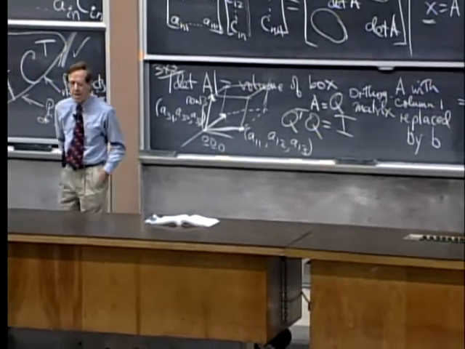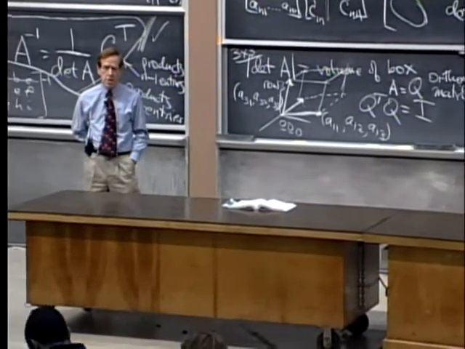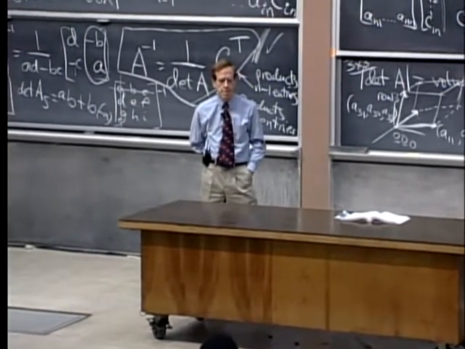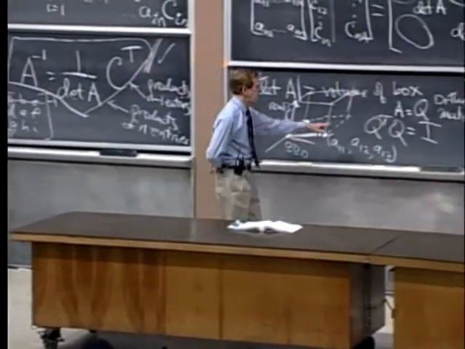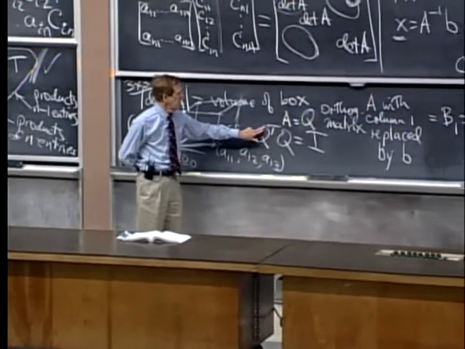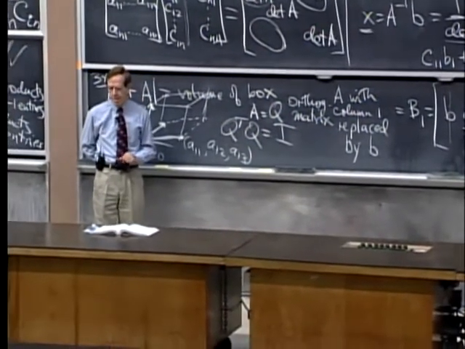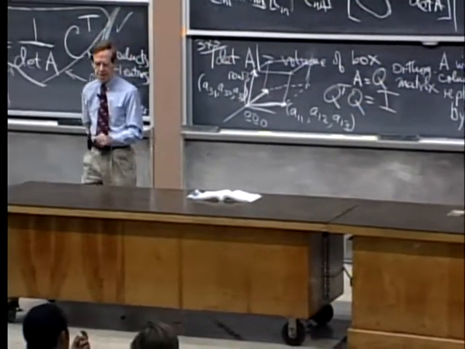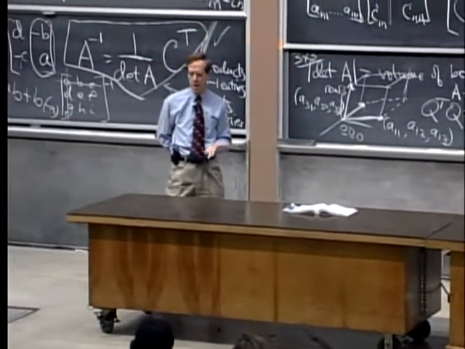Okay, now from that, tell me, why is the determinant 1 or minus 1? This may even be a homework problem. It's there in the list of exercises in the book, and let's just do it.